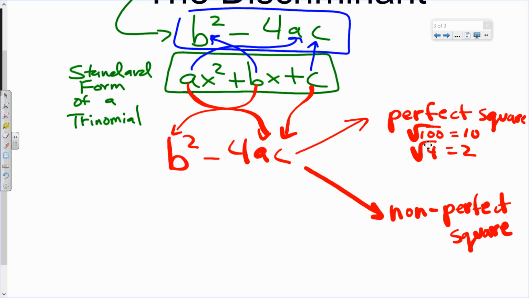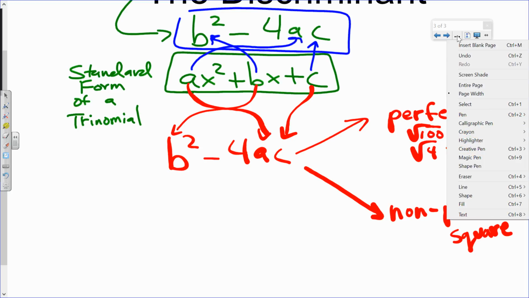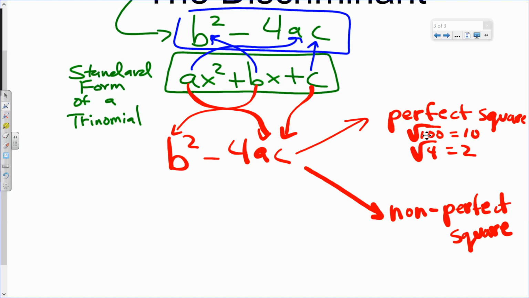So, if b squared minus 4ac becomes 100 or 4 or 9 or 16 or 25, then the trinomial is factorable. Put then factorable. In other words, we wouldn't be wasting our time trying to find the factors.